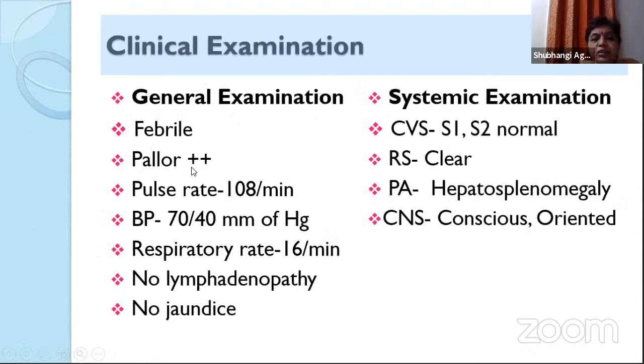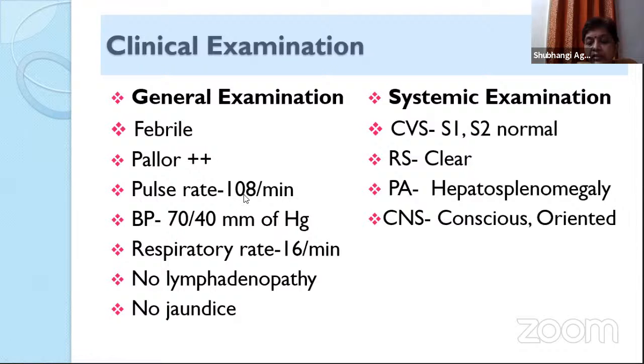On general examination, he was febrile, pallor was present, pulse rate was 108 per minute, BP was low, respiratory rate was 16 per minute, but he had no lymphadenopathy or jaundice. On systemic examination, his CVS, RS, and CNS were normal, but he had hepatosplenomegaly, that was the positive finding.